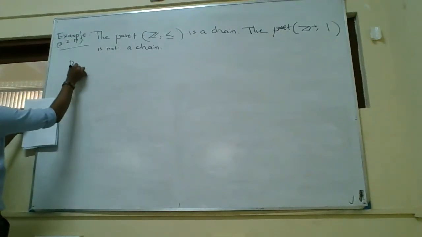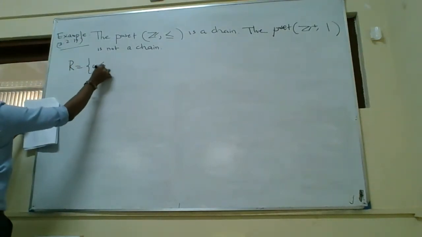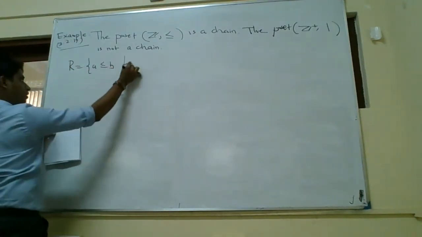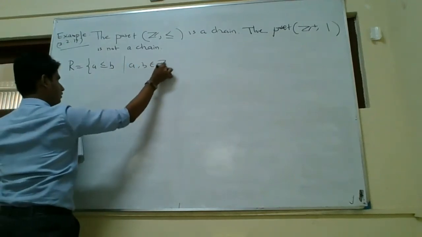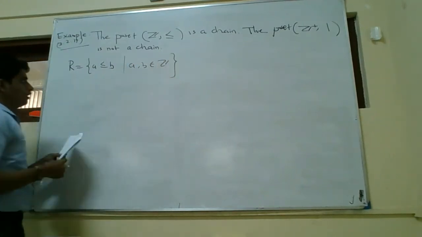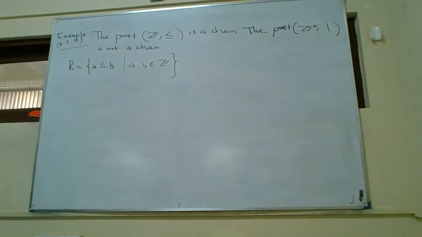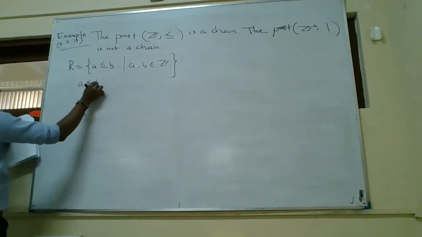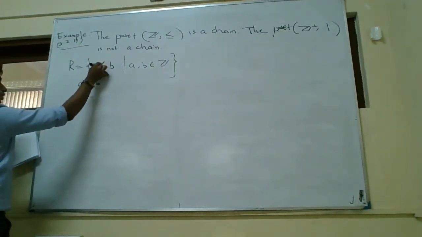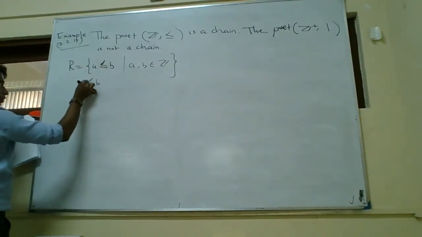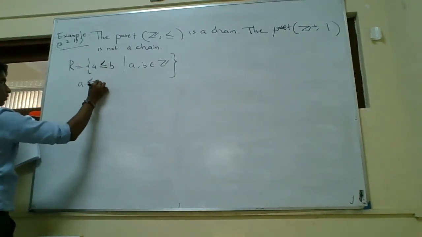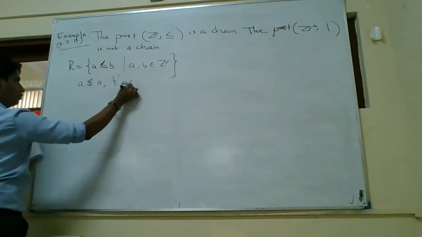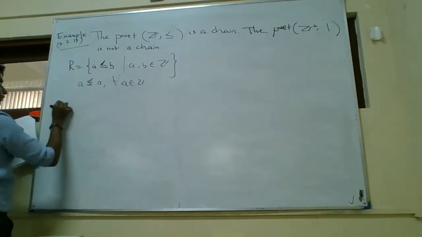Given the relation a ≤ b, for a, b in the set, first you check reflexivity, antisymmetry and transitivity, so you know it is a partially ordered set. Obviously a ≤ a for all a in the set, therefore R is reflexive.